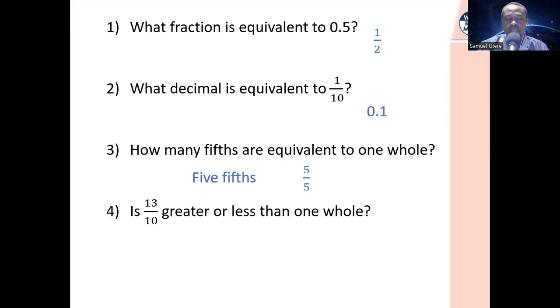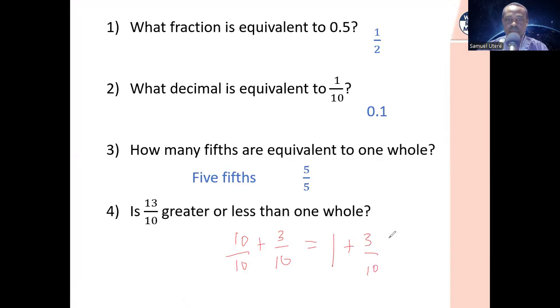Next, you were asked, is 13 divided by 10, 13 over 10, greater or less than 1 whole? Well, 13 over 10 is the same thing as 10 tenths plus 3 tenths. Now, 10 tenths is 1 whole, plus we now have 3 tenths.